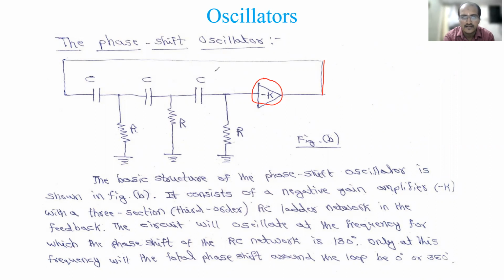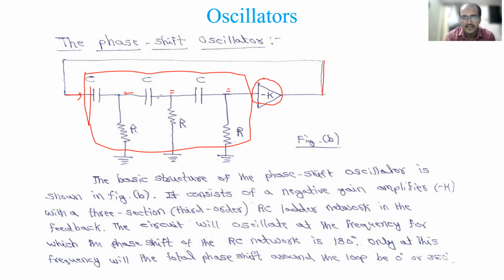The output is connected here to the input of this section, which we call the RC phase shift oscillator. What you have here is the cascading of 3 R and C combinations. It is also scientifically proved that one RC section will give you a 60-degree phase shift at the output, then the next will again produce 60 degrees, and then again 60 degrees.